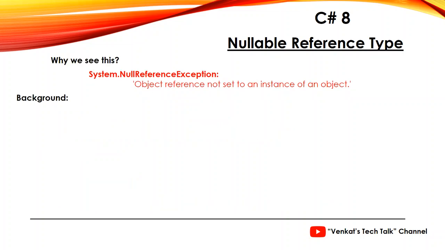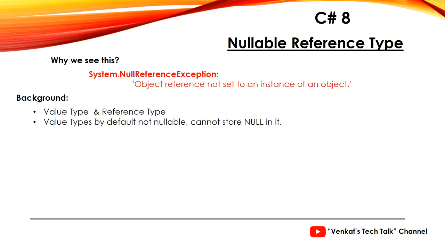A bit of background is, we know that we have two categories of data types, value types and reference types. Value types are by default not nullable, meaning we cannot store a null in them. I mean value types like simple primitives such as integer, double, boolean and those kinds of things.